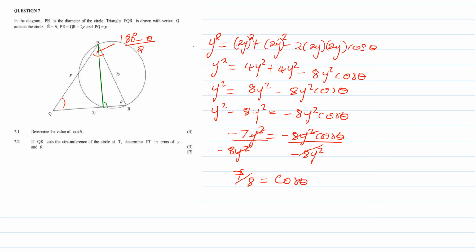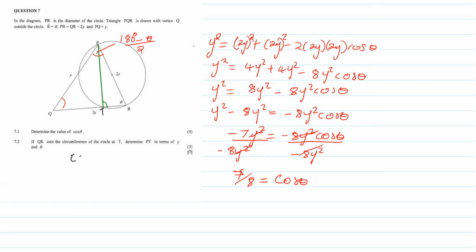They are saying we need to determine PT, right? So PT, if you look at it properly, this is T here. PT is the opposite of angle theta. So we can go and say which ratio will be applicable here.